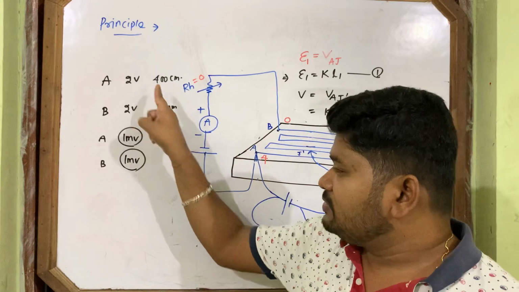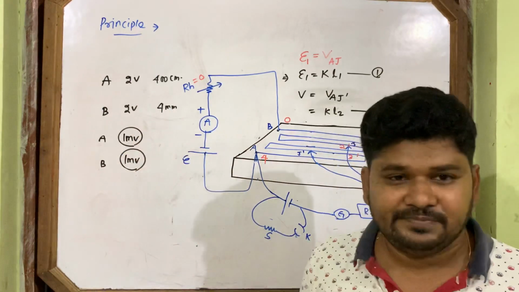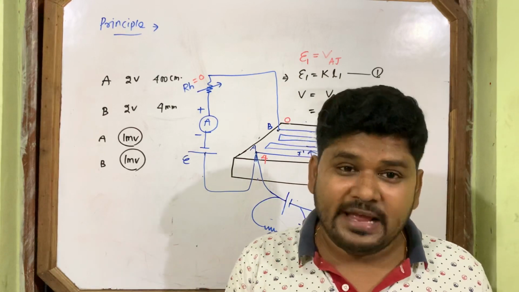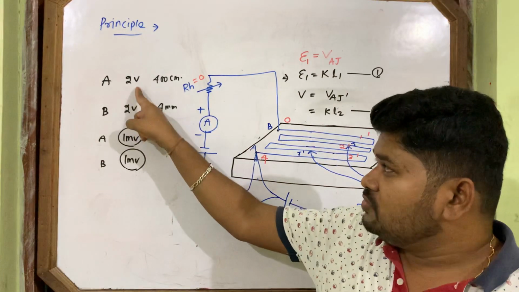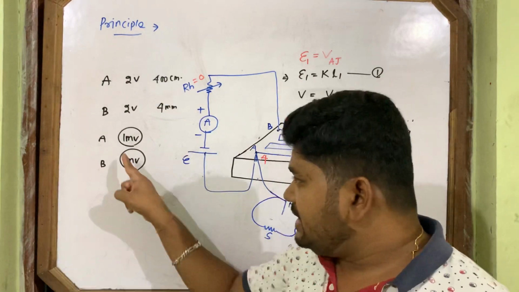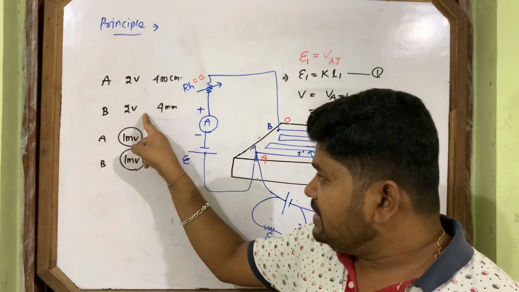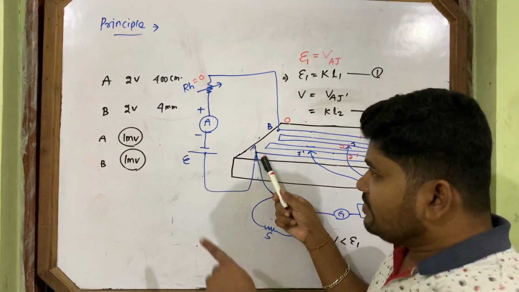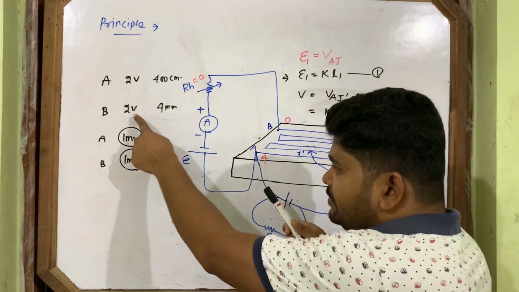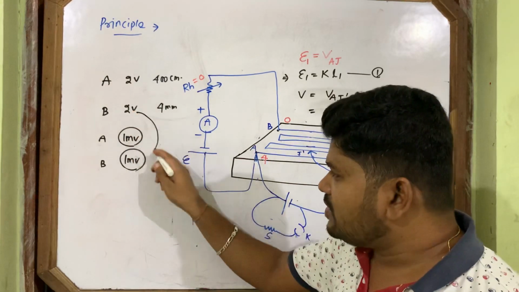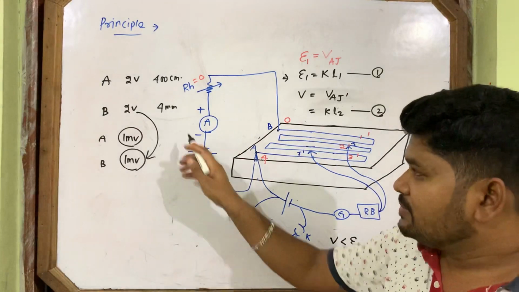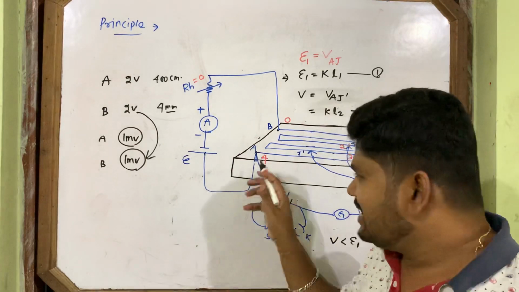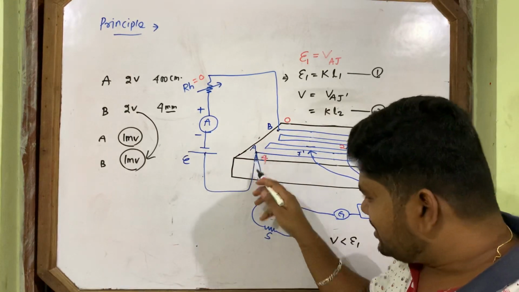Obviously, in A a balancing length may come, because if at 2 volt it shows 400 centimeter, a balancing length may come in A. But in B, at 2 volt it shows 4 millimeter. If the potential difference decreases from 2 volt to 1 millivolt, from 4 millimeter where will it go? It cannot come beyond A.